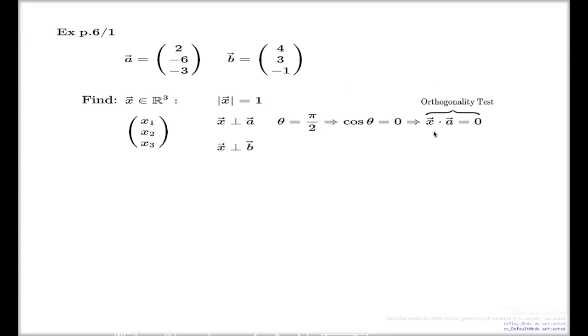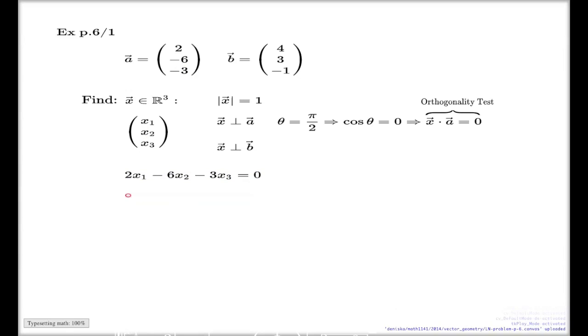So if you express this orthogonality test for this statement and for this statement, did I do that? Yes, I did it here. Here is the dot product of x and the vector A, isn't it? 2 times x1, negative 6 times x2, negative 3 times x3, and that should be 0. That's the orthogonality test.